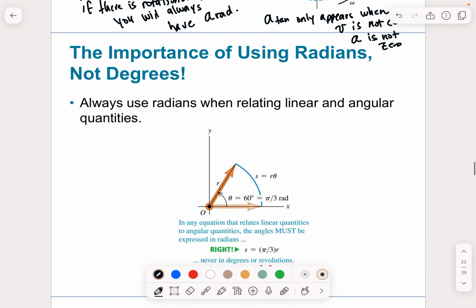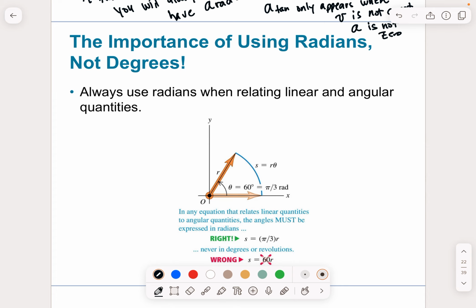So this is just a quick reminder that whenever you're doing math with angles, you need to use radians.